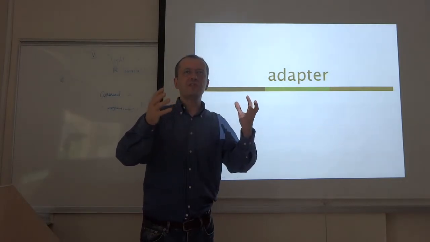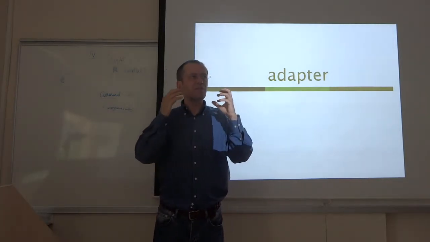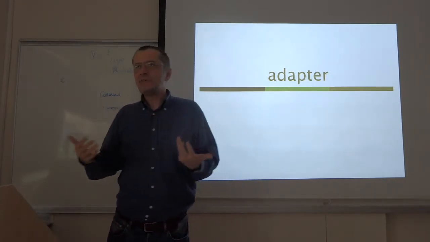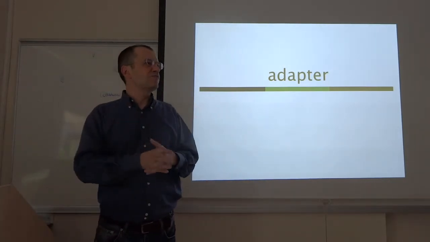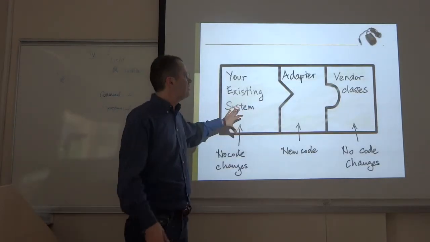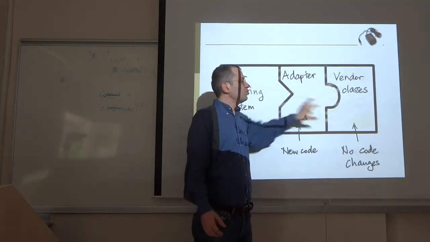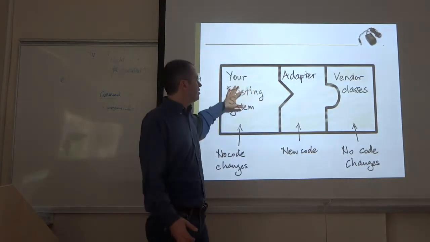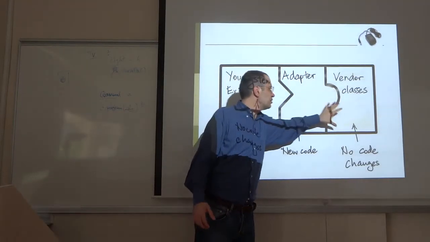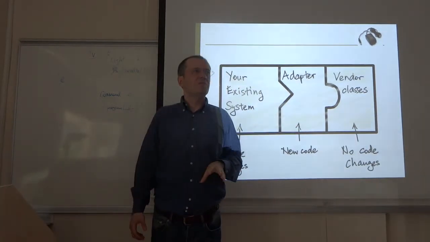When you are reading, for example, the decorator, it is not that easy; that is probably not the first thing that comes to your mind. Then it is valuable. But the adapter is one of the first things that would come to your mind. You have an existing system, you have some vendor classes, and they don't work together. So instead of changing them, you add new code to make them work together. So this is the classical adapter.